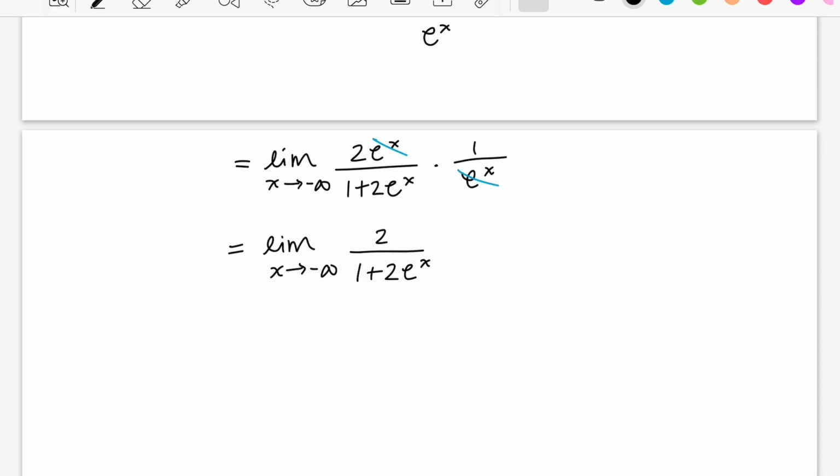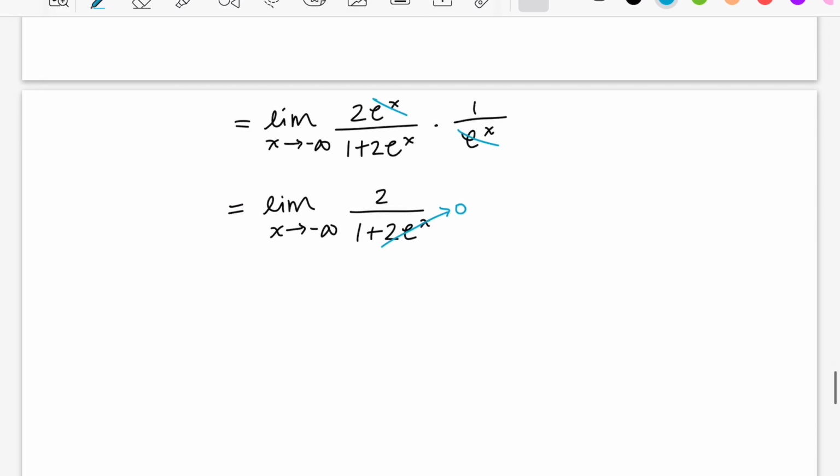Now evaluating this limit, remember we just saw that the limit of e to the x as x approaches negative infinity is 0. So this term goes to 0, and we're just left with the limit of 2 over 1 as x goes to negative infinity. So this is equal to 2.